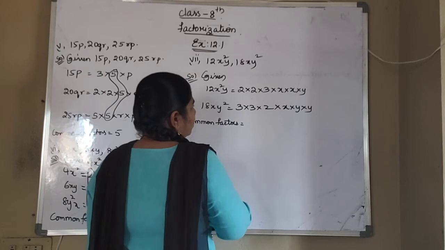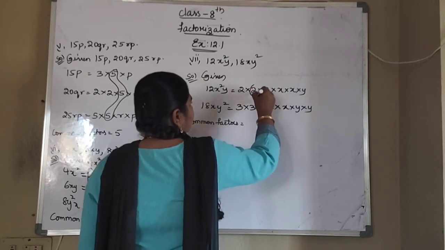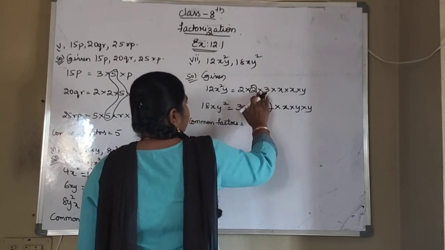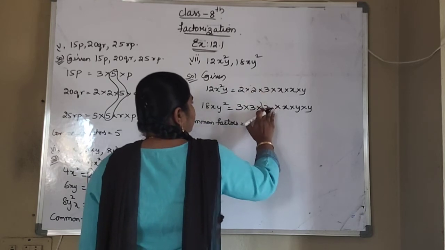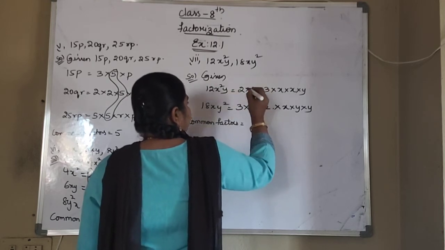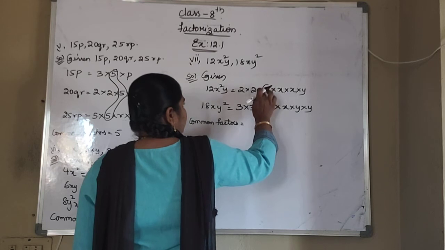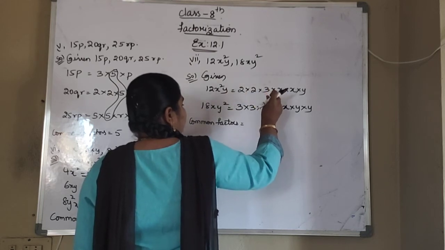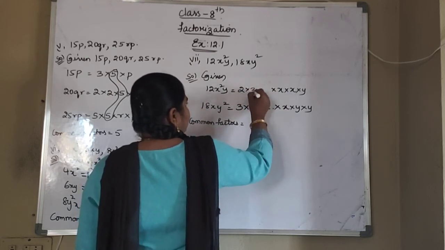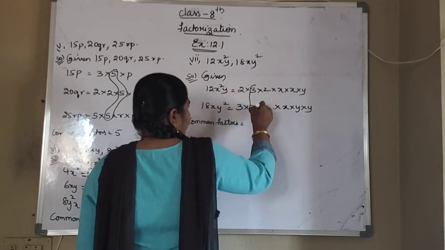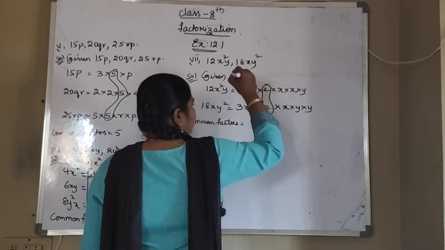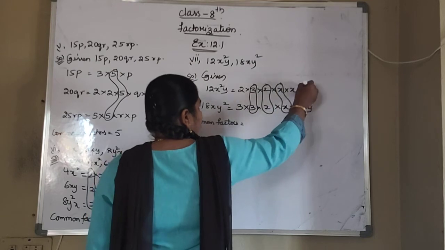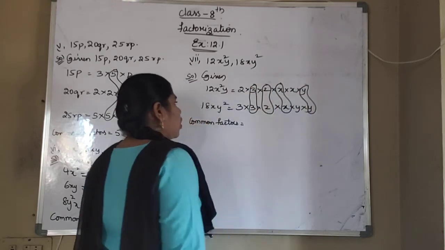Common factors are here only 2 and 3 is also there. So 3 is one common factor, 2 is another common factor, x is also a common factor, y is also a common factor.